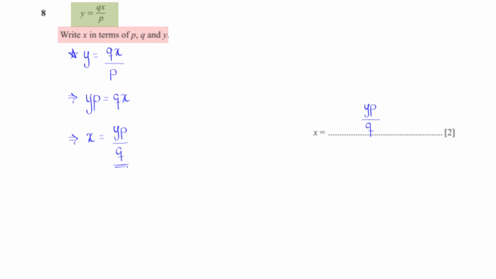We first move the letter p, and since it's dividing on this side of the equation, when it moves across the equal sign, it goes to multiply. The next step is to move q, and since q is multiplying x on this side of the equation, when it moves across the equal sign, it goes to divide yp, and we are left with x equals yp over q.